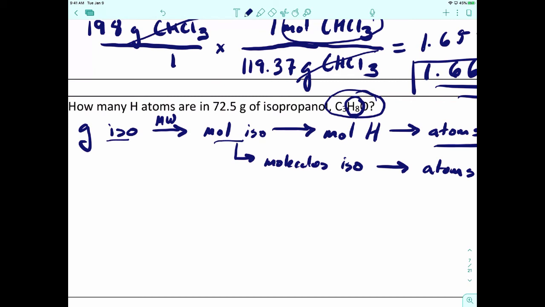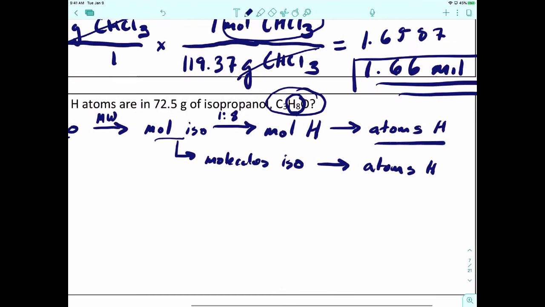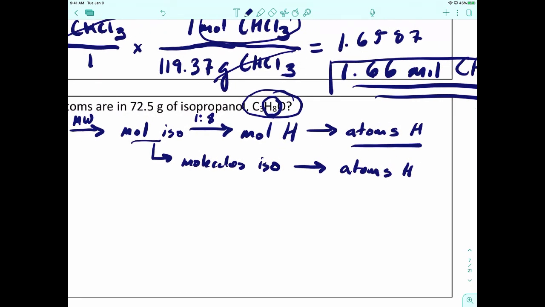So that's my number. It's going to be a ratio of 1 to 8. Once I convert from moles of isopropanol to moles of hydrogen, then I can use Avogadro's number, 6.02 times 10 to the 23rd, and convert from moles of hydrogen to atoms of hydrogen.